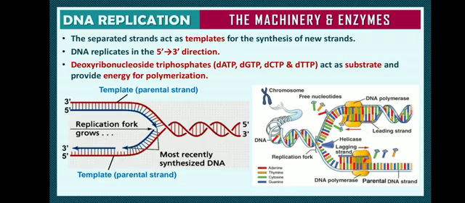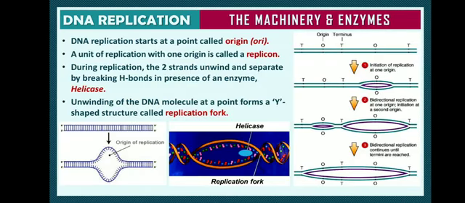So this makes the synthesis of DNA on the two template strands, the 3' to 5' strand and the 5' to 3' strand, entirely different. I hope you are getting it. The synthesis of DNA on each template strand is different.